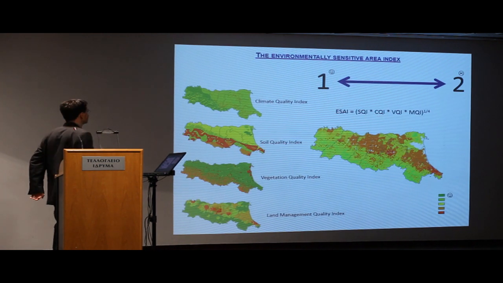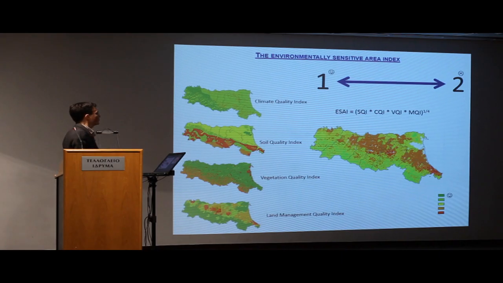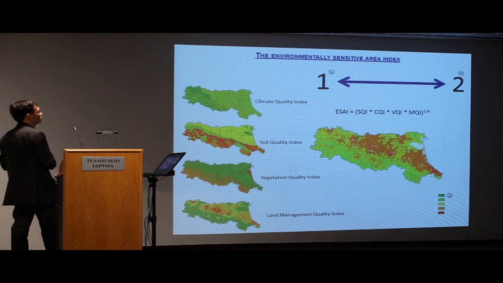And the next slide will confirm this, because you have different maps: soil quality, climate quality, vegetation quality, and land use pressure quality. You make an overlay in a GIS environment, and at the end you have a map. This is a typical map of vulnerability, and the colors tell us the difference in the level of land vulnerability in this region, which is in Italy, but it's just to give you an example.